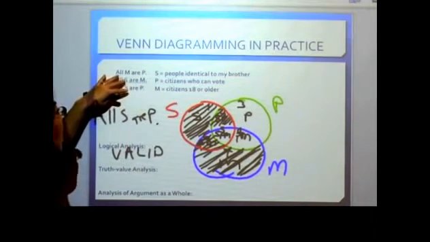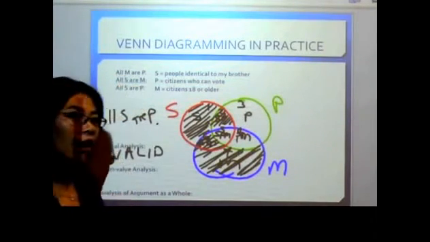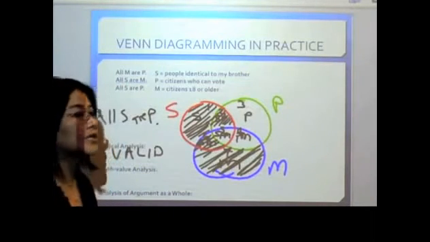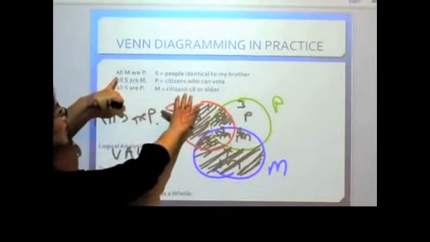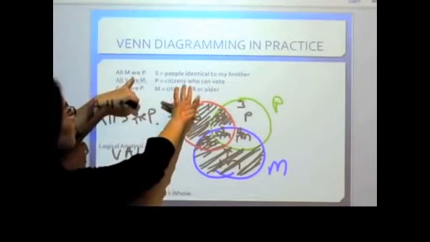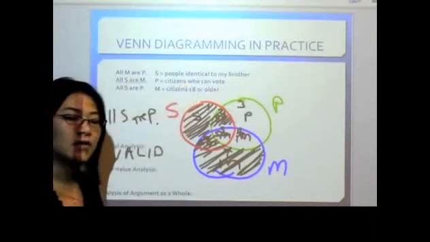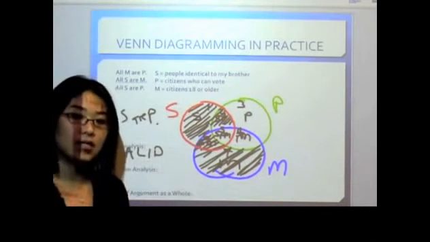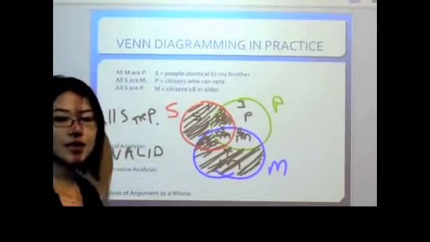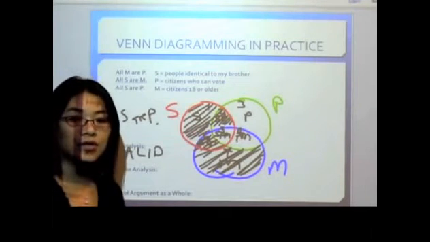Our first premise, all M is P, represents the statement according to our dictionary here: all citizens 18 or older are citizens who can vote. Now we ask ourselves, looking at the context in the United States, is it actually true that all citizens 18 or older are citizens who can vote?